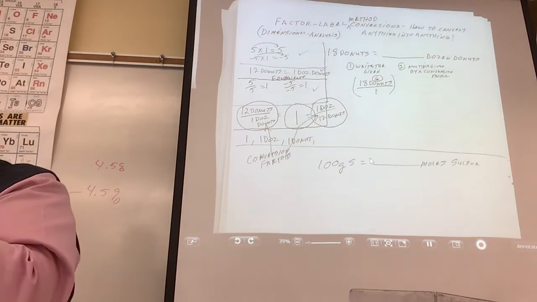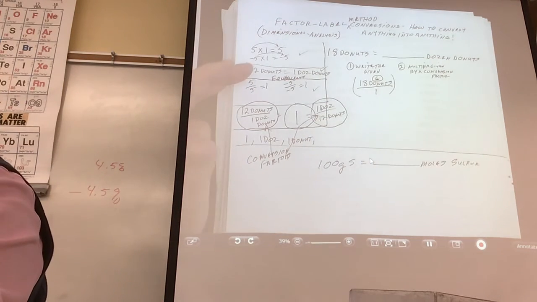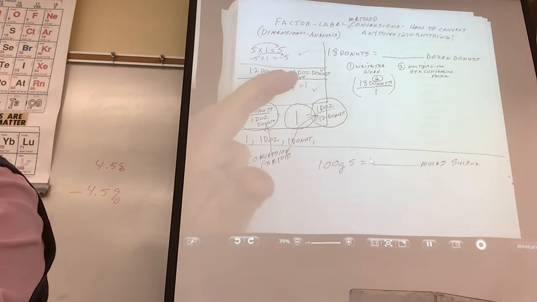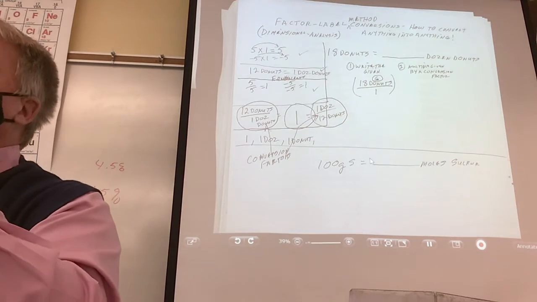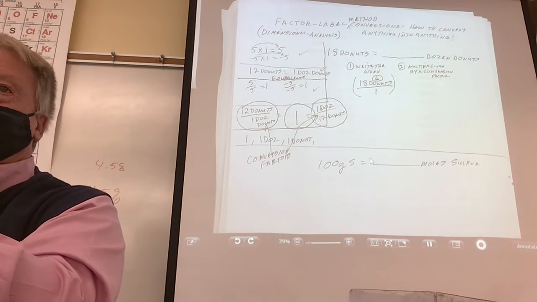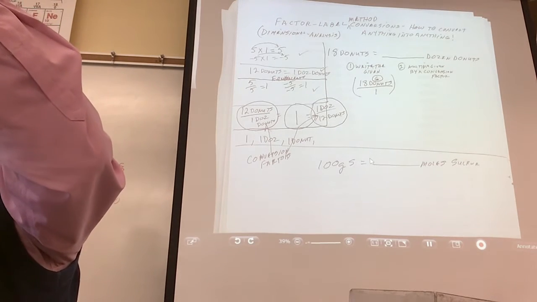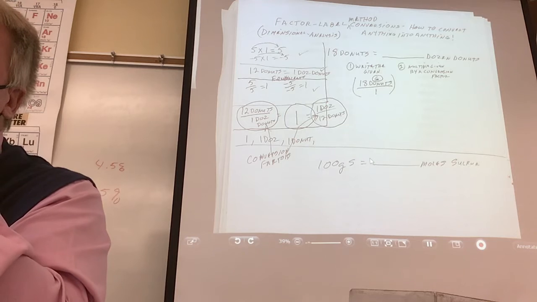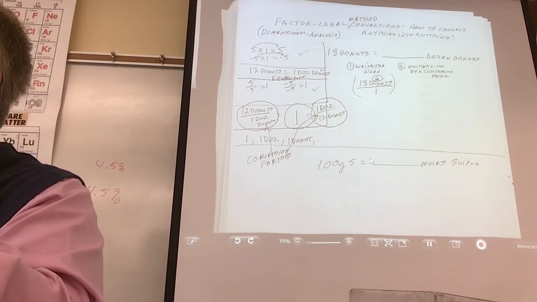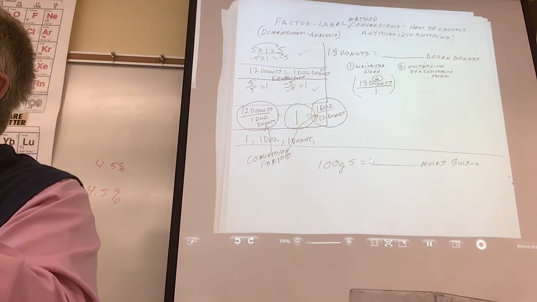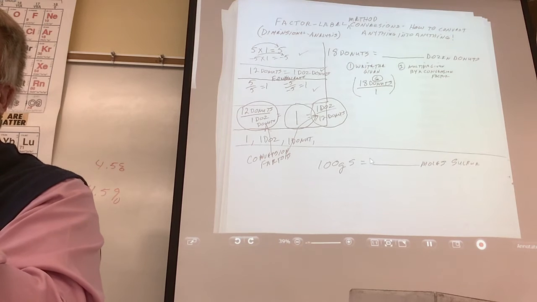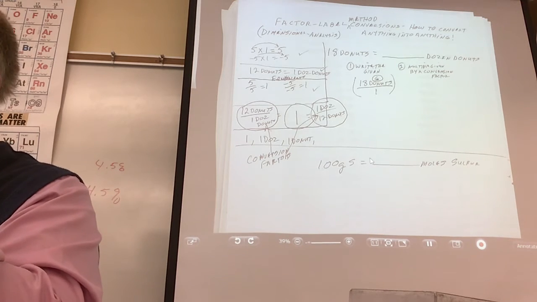So let's try it. Here is 12 donuts equals 1 dozen. They're equivalent, aren't they? There are two conversion factors you can make: one with donuts on the top and one with donuts on the bottom. Where do you get conversion factors? You make them from what? Equivalence. That's important.